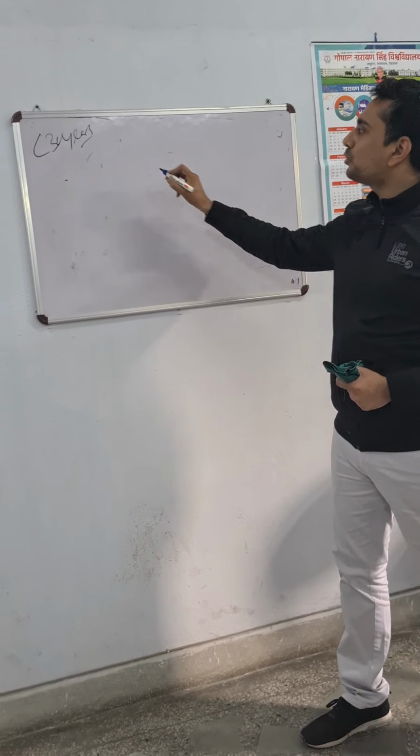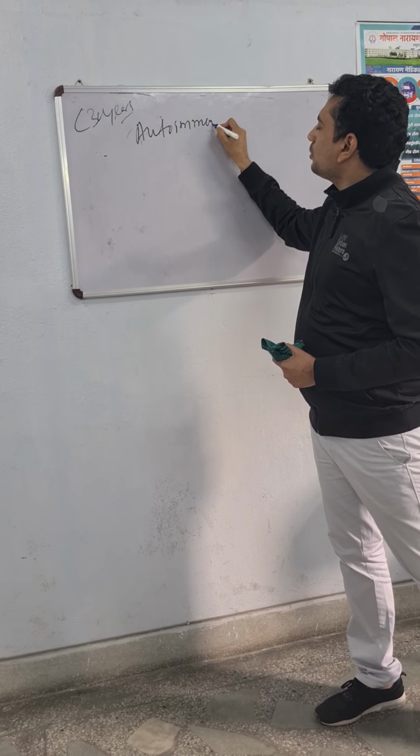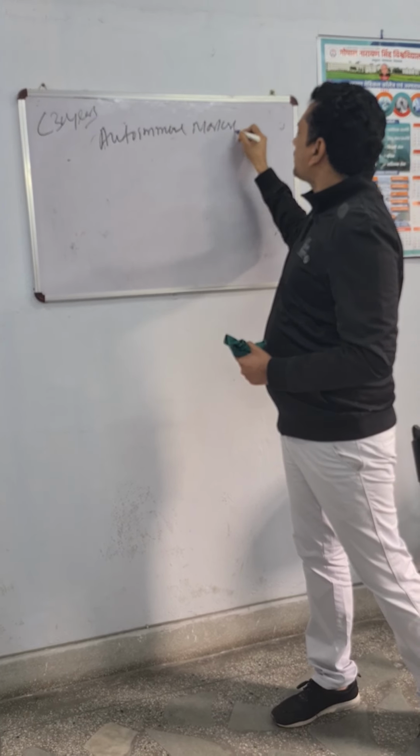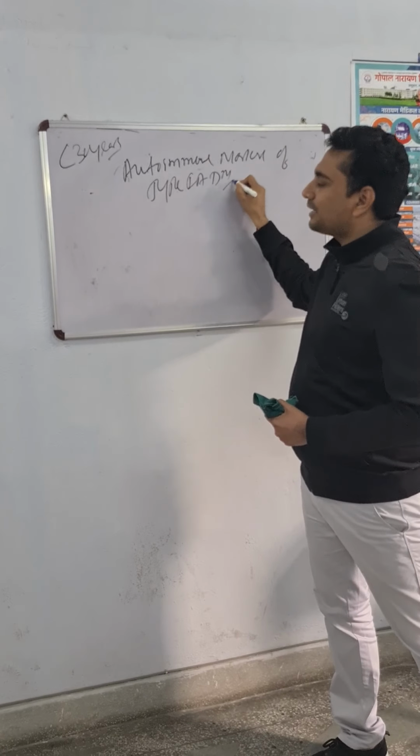So what are those autoimmune markers? Now we will look into the autoimmune markers of type 1A diabetes mellitus.